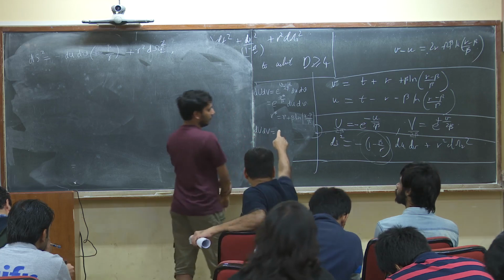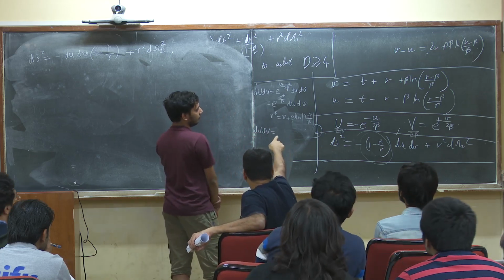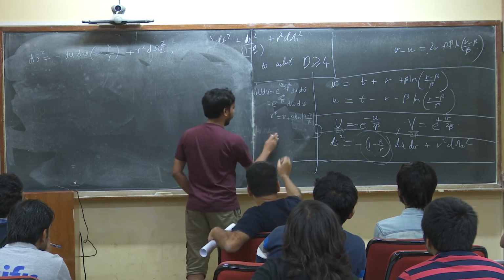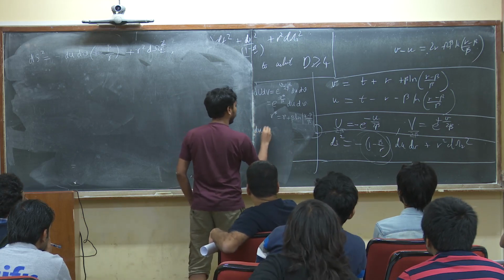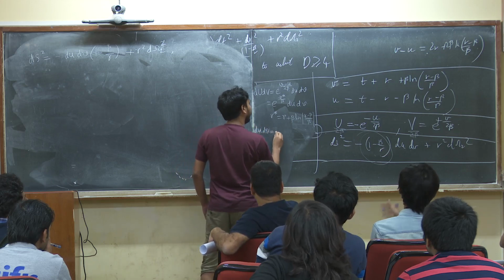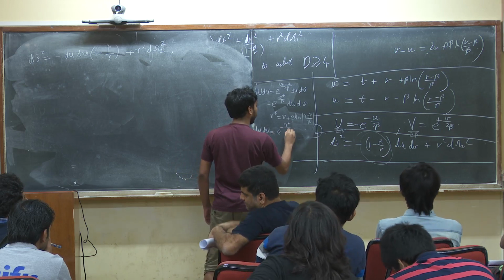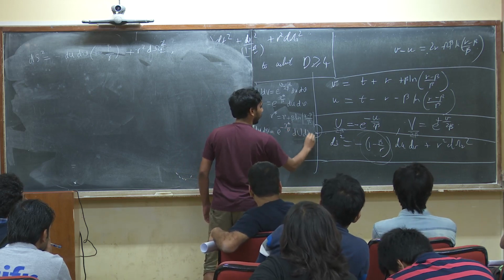So now you want to write d little u, d little v in terms of capital U, capital V. So the equation is d little u, d little v is equal to e to the power minus r star by beta, dU dV.